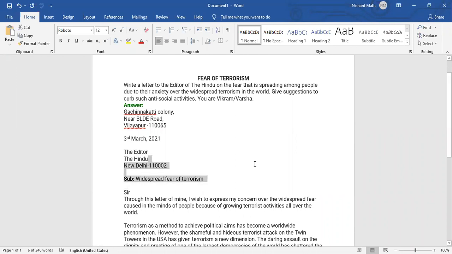Is the subject fine, students? According to the questionnaire, is the subject fine? Quickly respond with a raised hand, yes or no. Swati, Soumya, respond to me.